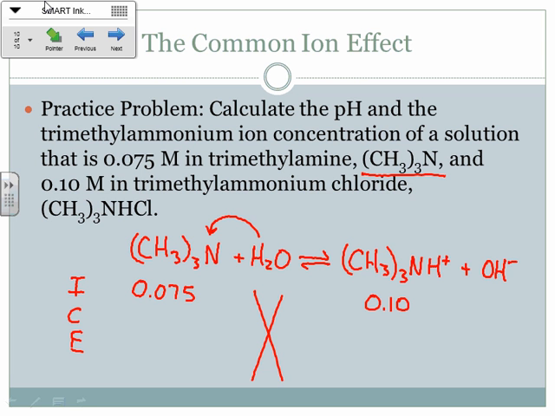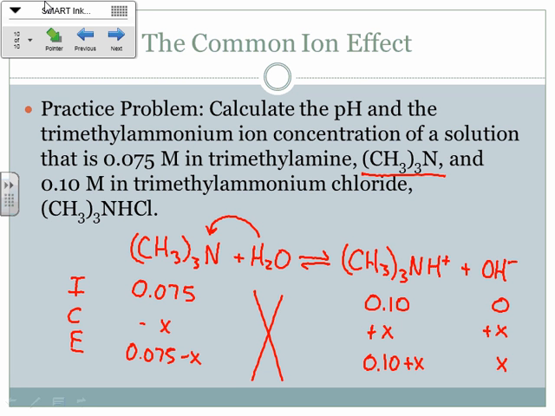Then we assume we have none of the OH minus to begin with. So we do everything just like normal: minus x, plus x, and plus x. That gives an x down here, and this is 0.10 plus x here.